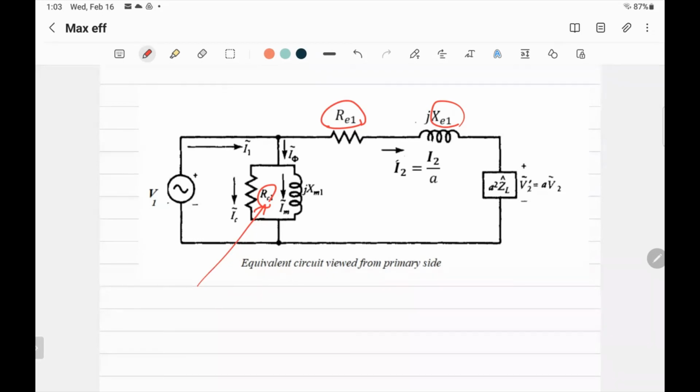Forget about RC for a moment. What's the relation between power and resistance?